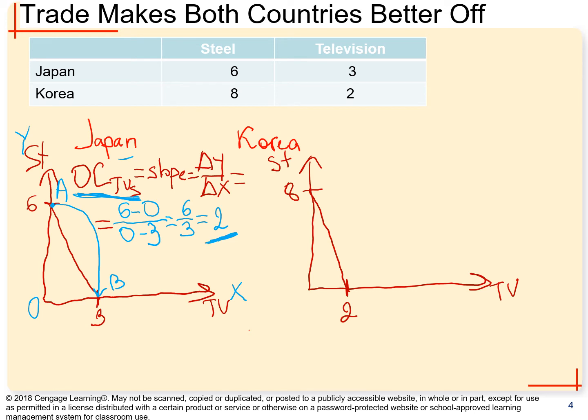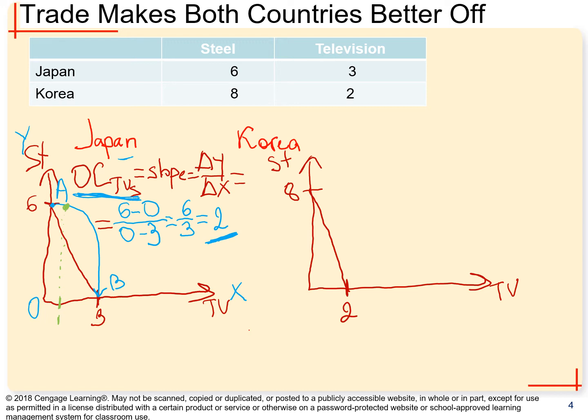Let's suppose we're producing, I'm sorry, let's do 1 TV. If we're producing 1 TV, can we still keep production of 6 units of steel?